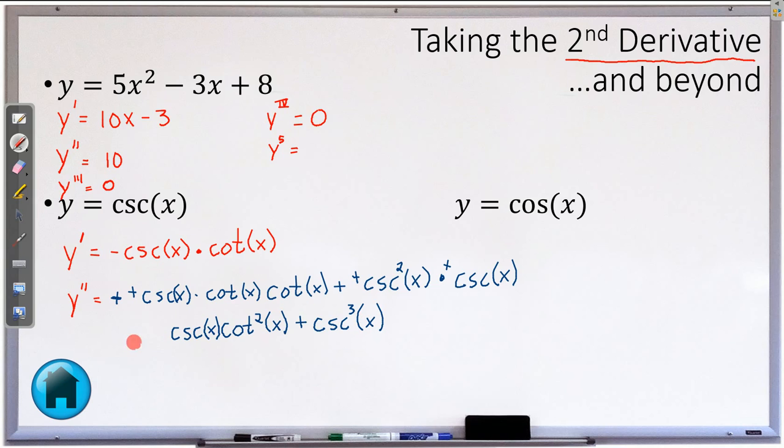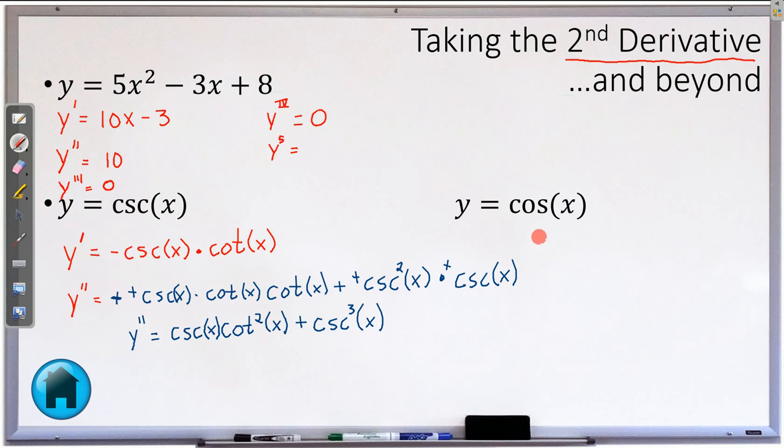If you want to factor out a cosecant, you certainly could, but I think that demonstrates the point. Could you take a third derivative? Yes, you most certainly could. That, as you can see, gets fairly complicated. So let's leave it there with the second derivative.